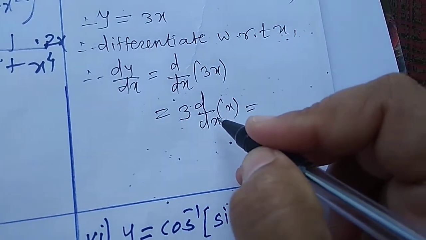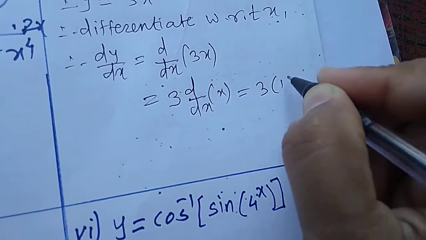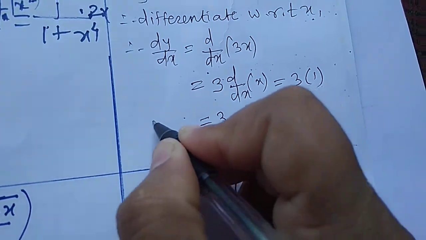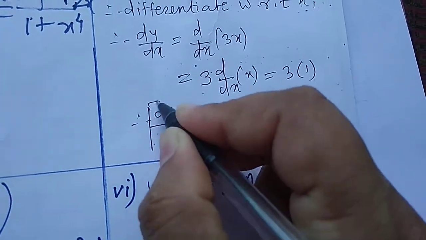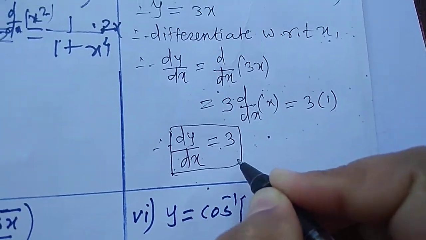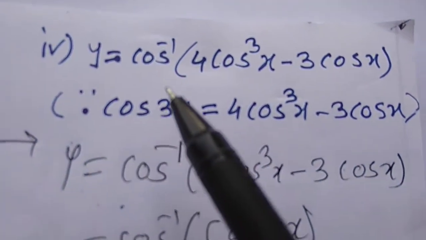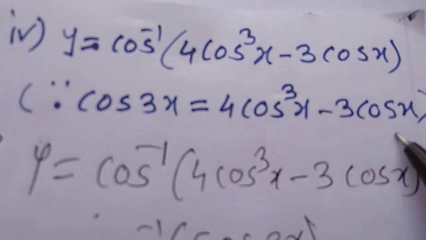But we know that d by dx of x is 1. Therefore 3 into 1, that is 3. Therefore dy by dx is equal to 3. And this is the derivative of the given function y is equal to cos inverse of (4 cos cube x minus 3 cos x).